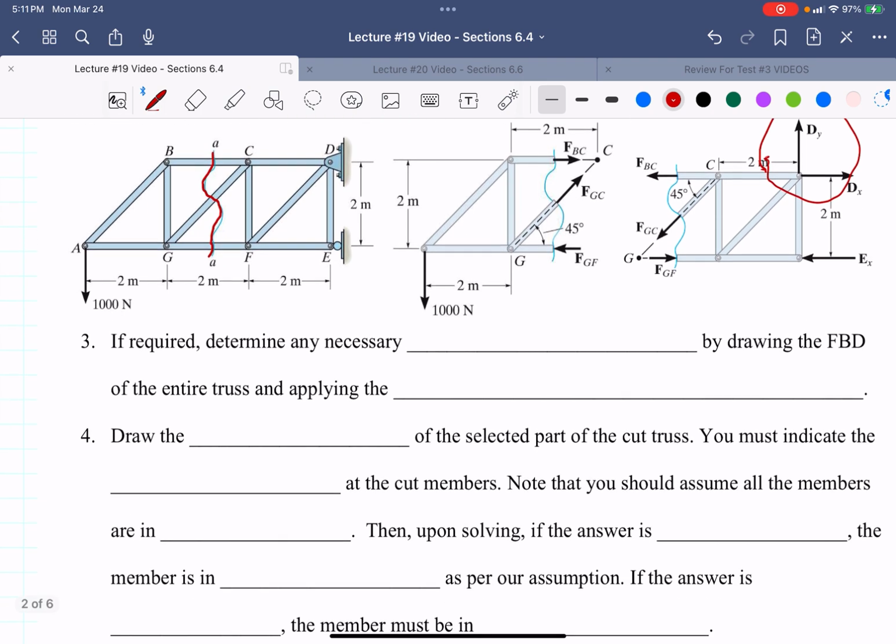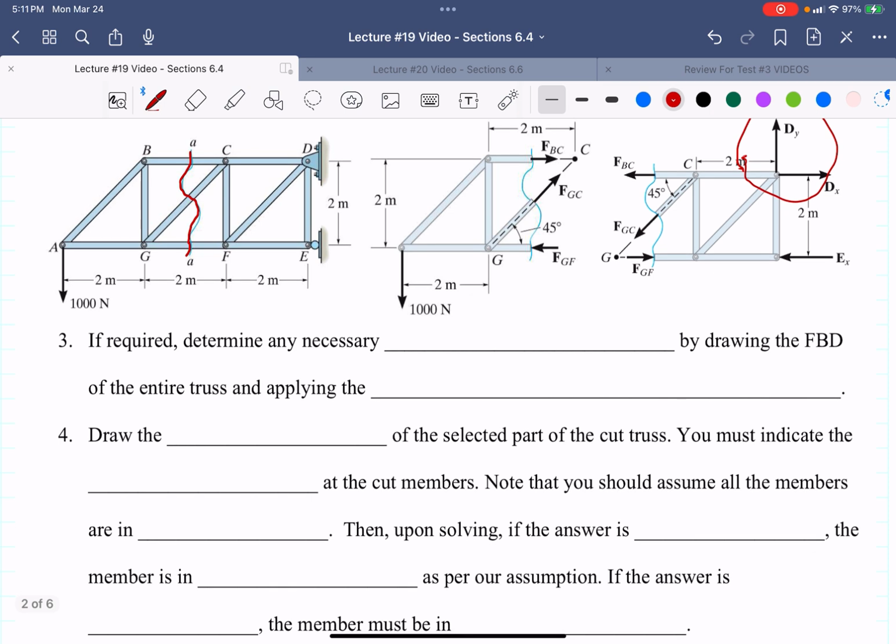That's just an example. So after that, we're going to determine any necessary support reactions if we need to, by drawing the free body diagram of the entire truss and applying the equations of equilibrium, or 3 equations of equilibrium in 2 dimensions.